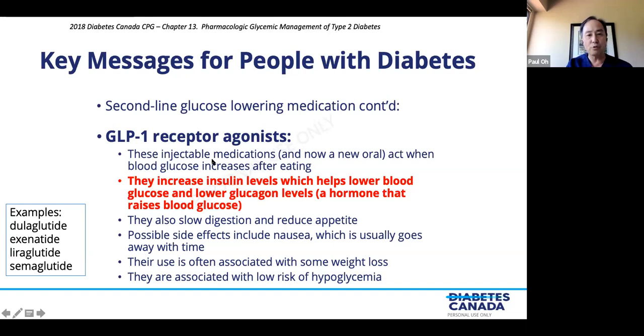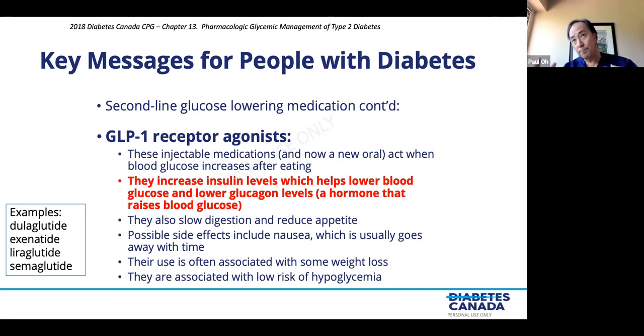The first versions of these medications were injectable, and now semaglutide is available both as an injectable and as an oral medication. They act to kind of mitigate or blunt the typical rise in blood sugar that happens after eating. They do so by helping boost the insulin levels after meals and lowering glucagon levels.